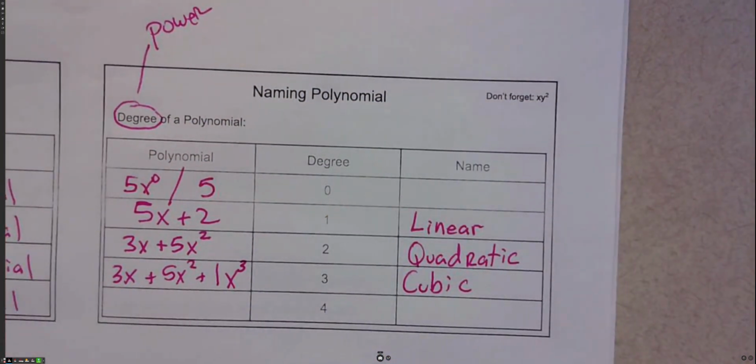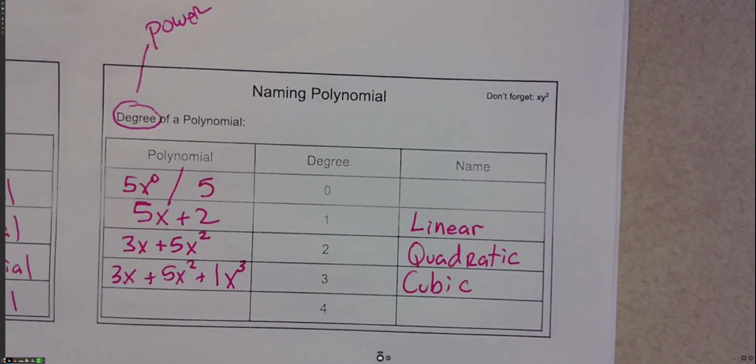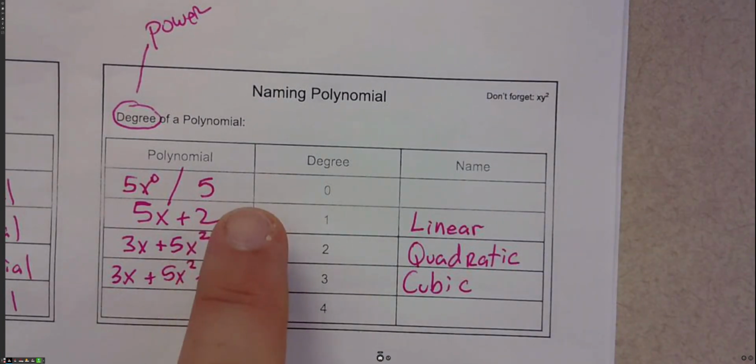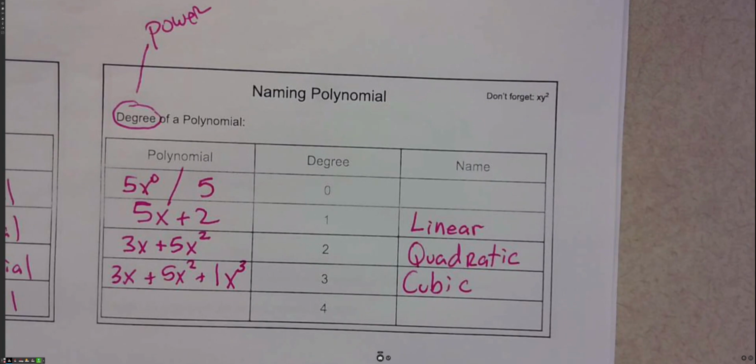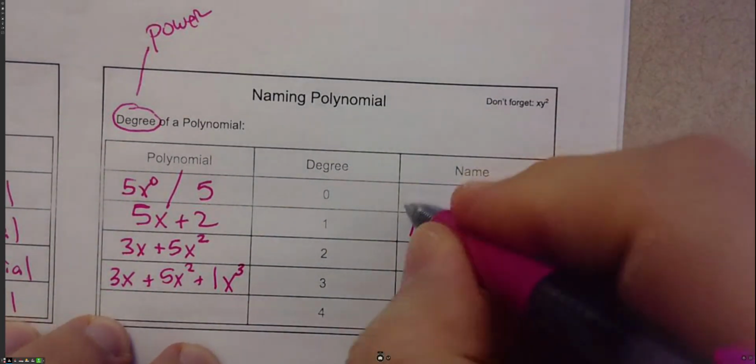It's really just a number, right? Because in theory, we can say that there's an x to the 0 next to it. It is kind of weird. Anyone know what this is called? What's it called when you don't have a variable? It's constant.